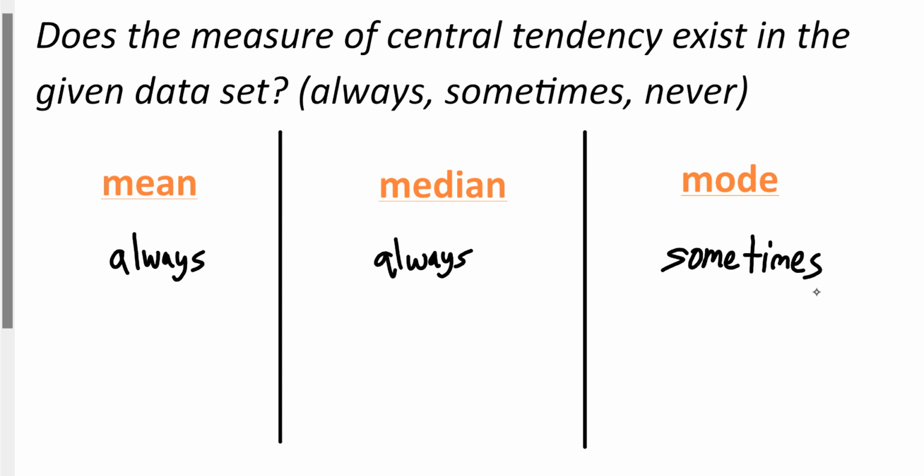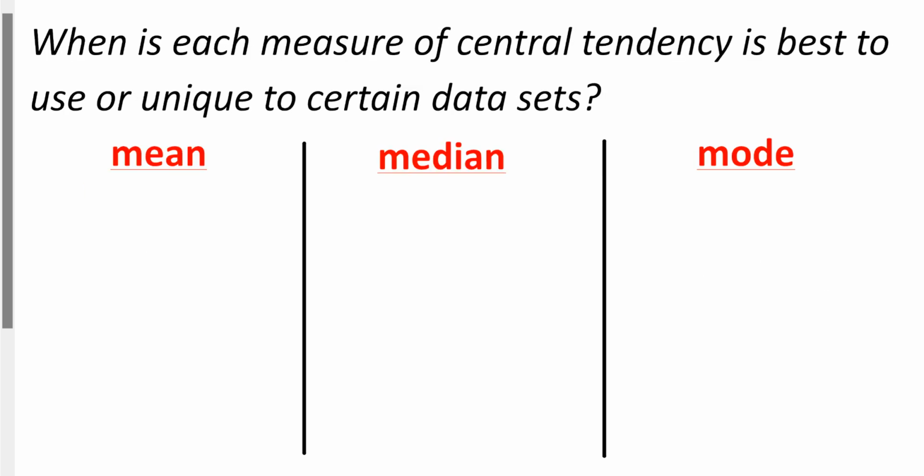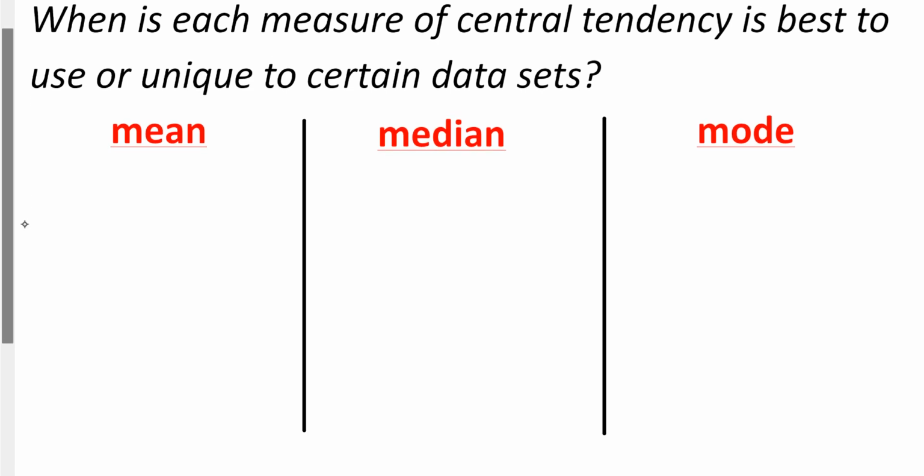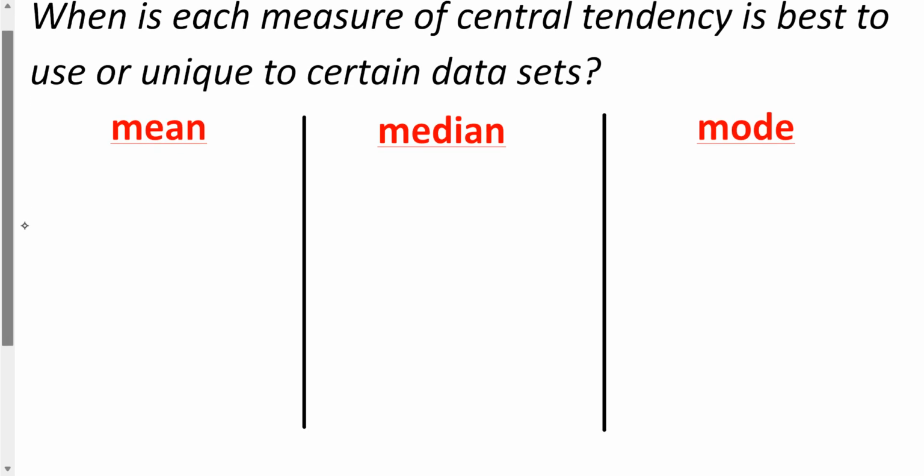Okay? And which measure of center is best for different situations? We kind of talked about that as well. But I will say mean is best when it's symmetric. It's the most common, but it's best when it's symmetric because it is non-resistant. It's considered non-resistant to outliers.